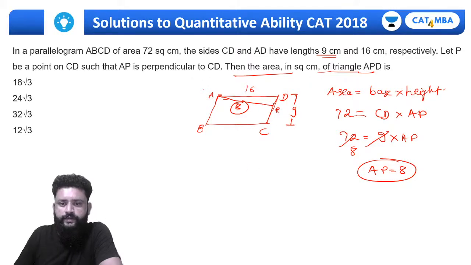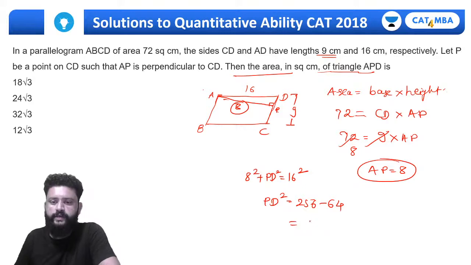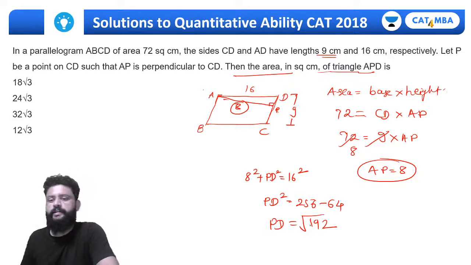We know this is a right angle triangle, so 8 square plus PD square will be equal to 16 square, which is 256. PD square will be equal to 256 minus 64, which comes out to be 192. So PD will be root of 192.